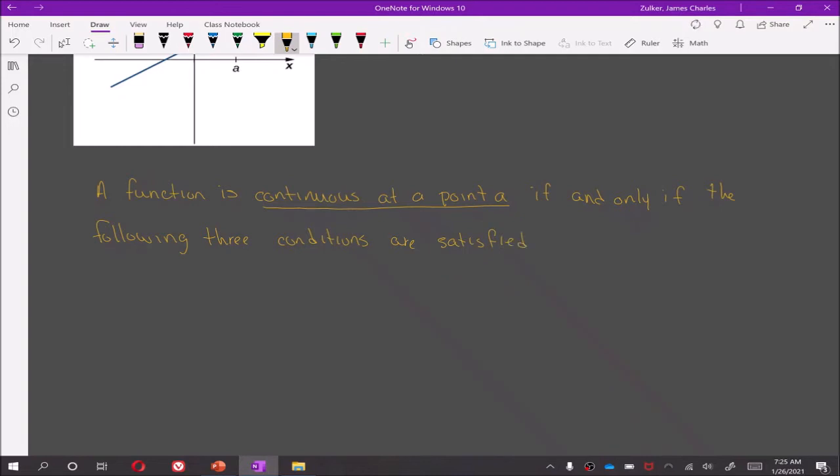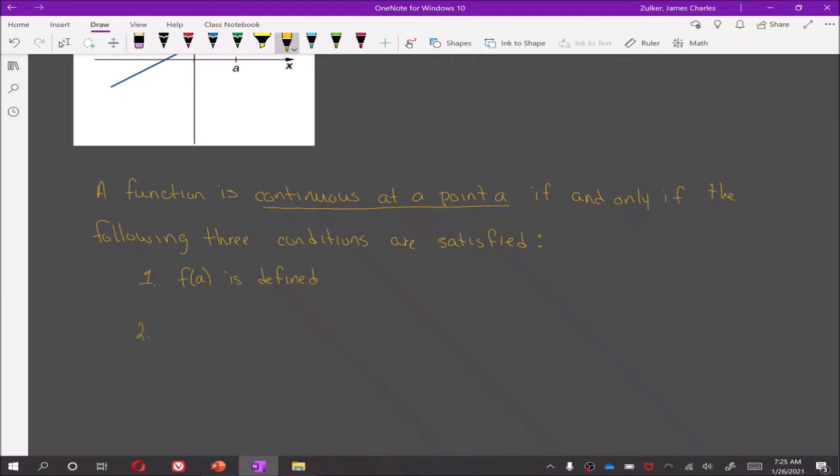And those three conditions are the three conditions that we just examined. First, f of a must be defined. Right? Because the first graph showed that if f of a is undefined, then the function is not continuous.